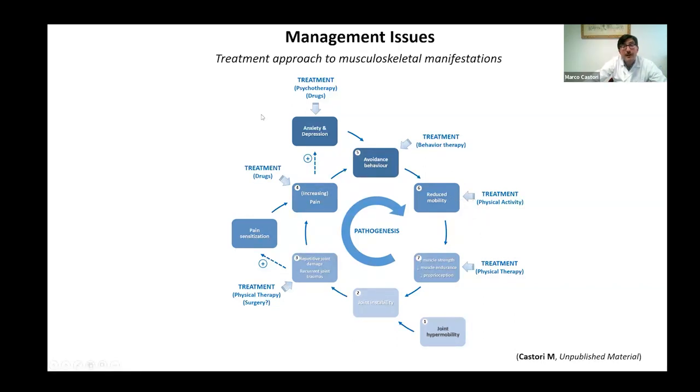Behavioral therapy, psychotherapy, and drugs can be used in more severe or complex pain phenotypes, and surgery can be considered only in a few cases in which orthopedic surgery might help in stabilizing joints.